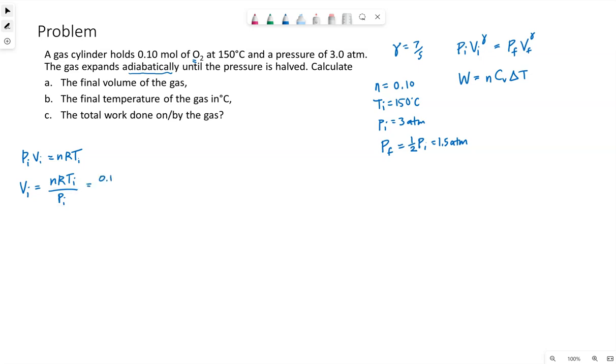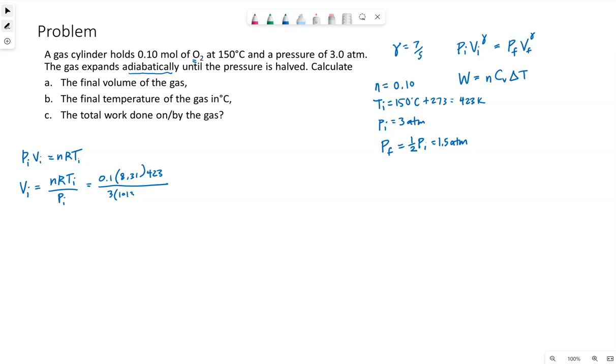Okay, so we have 0.1 mole, R is 8.31. For the initial temperature, we do need to add the 273 because we need the temperature in Kelvin when we use the ideal gas law. So 423 Kelvin, that's what I want to put in here. Over our initial pressure of 3 atm.